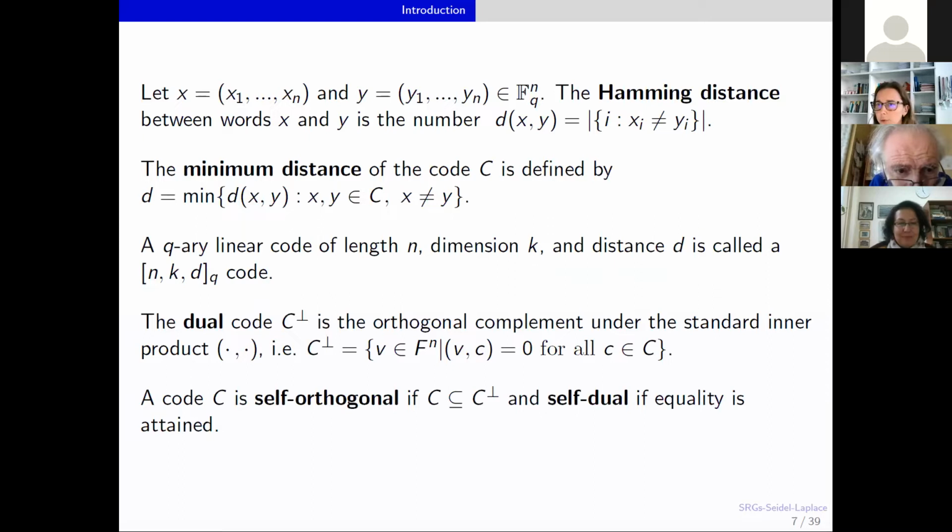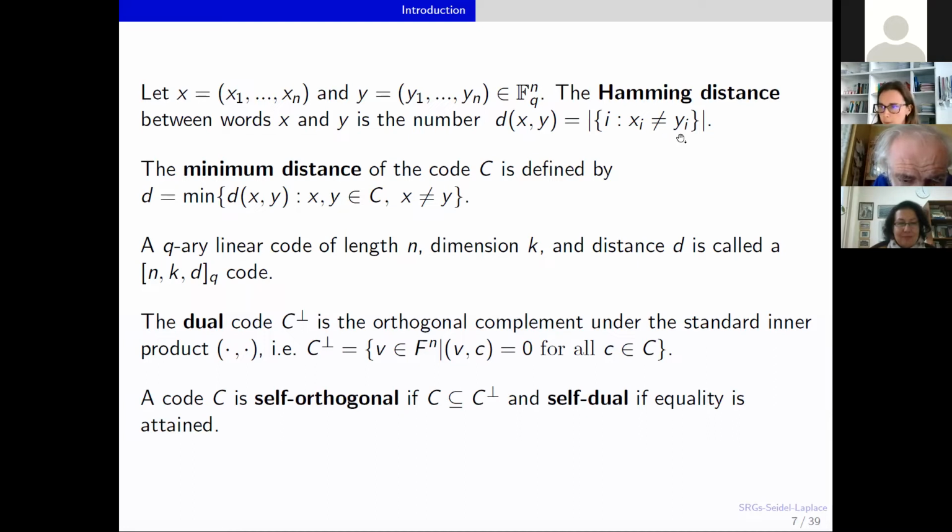If you take x and y to be two elements from F_q to the n, you can define the Hamming distance between these two words, labeled by d, and it says in how many positions these two code words differ.